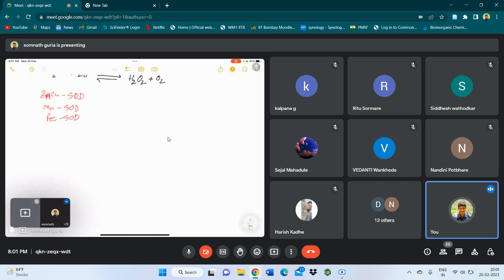Its active structure is like this: the copper center, copper bound with three histidine moieties, histidine, then histidine, then histidine, and one histidine moiety bridges the two metal centers.